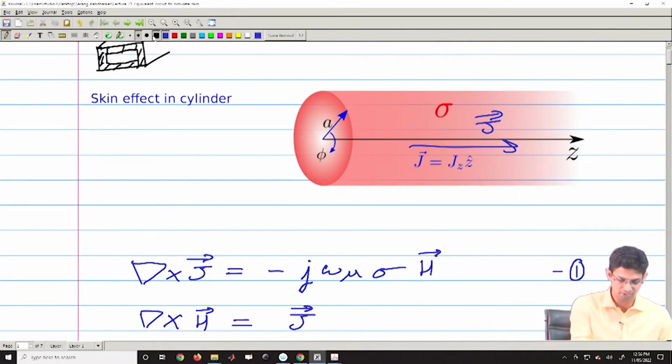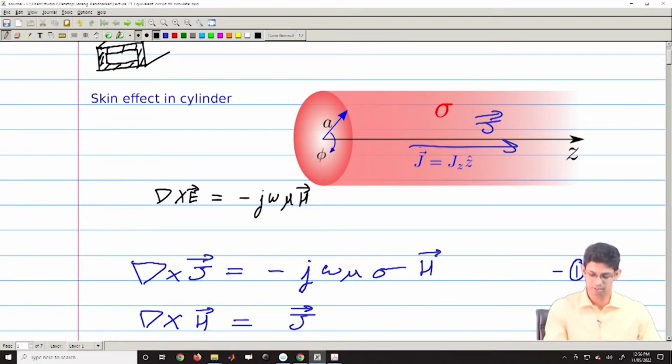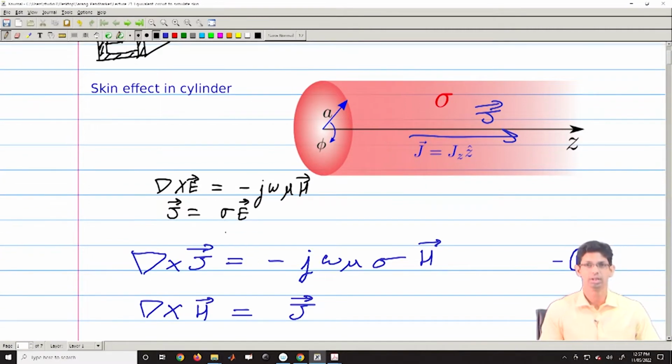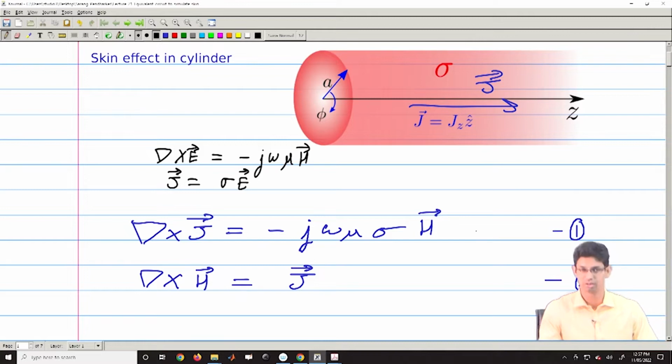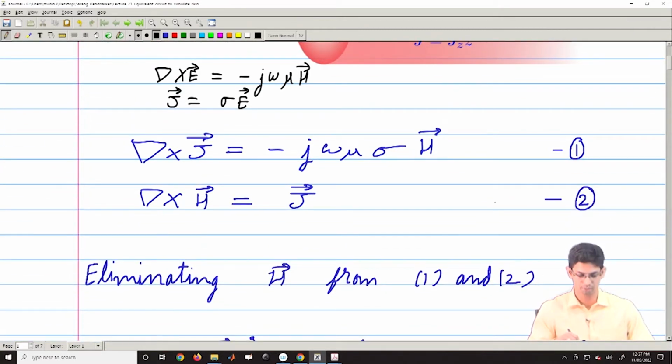So, we had a relationship of curl of E equal to minus j omega mu H, and then in this conductor we had the relationship of J equal to sigma E. So, if I substitute this in here, finally I will be getting these two equations. So, equation 1 and 2 would be my starting equation.